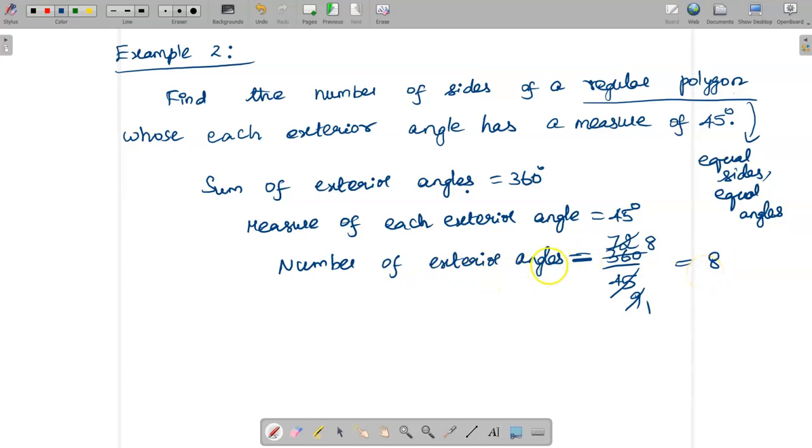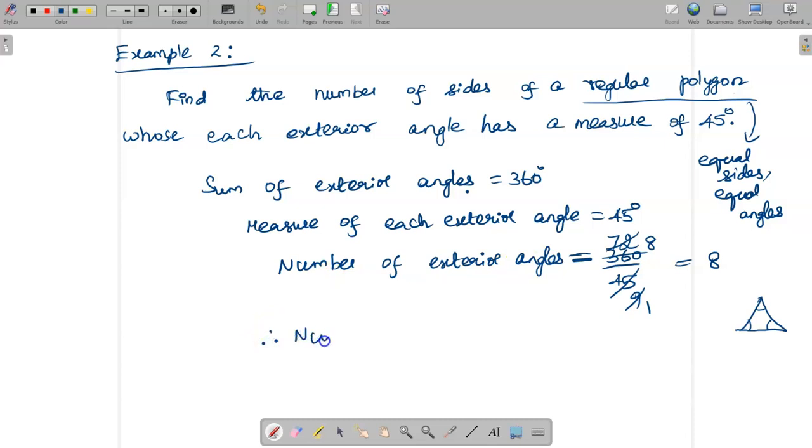Whenever the number of exterior angles is 8, the number of sides is also equal to the number of exterior angles. For example, if we have a simple triangle, how many angles are there? 3 angles. Similarly, how many sides are there? 3 sides. So the number of exterior angles is equal to the number of sides.